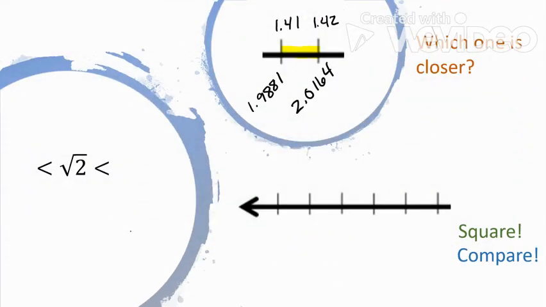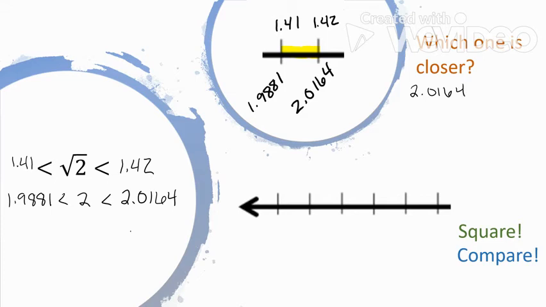So now I'm looking between 1.41 and 1.42. And I'm trying to see which one is closer, 1.9881 or 2.0164. And we're going to subtract again.